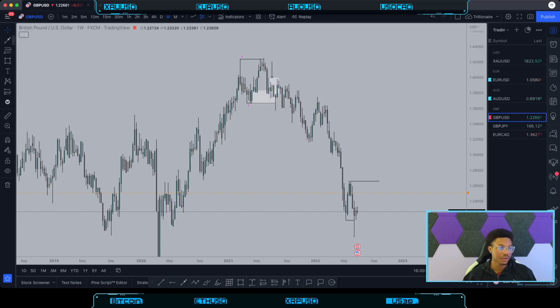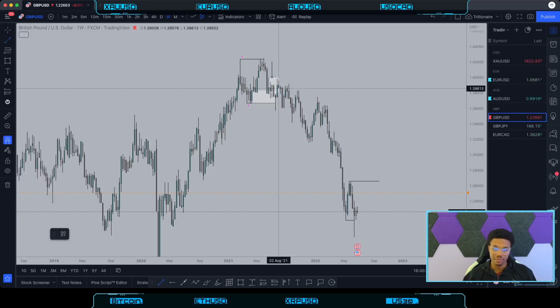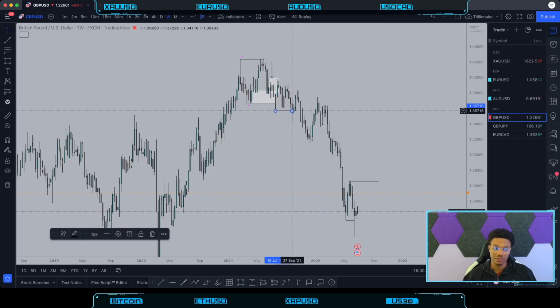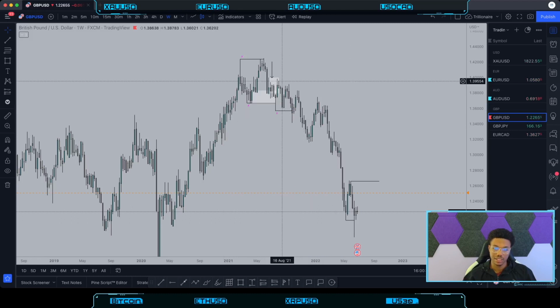Now we can continue marking up our examples of supply that is continuing to flip demand. So we have another break of structure here, right, with this nice push to the downside. However, before price actually breaks this demand, we have what?